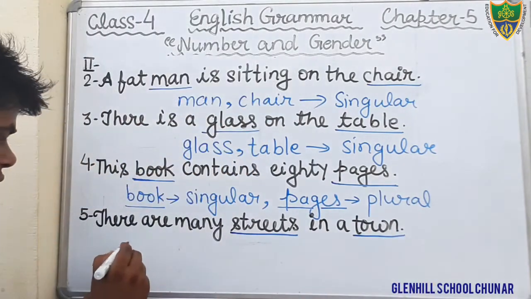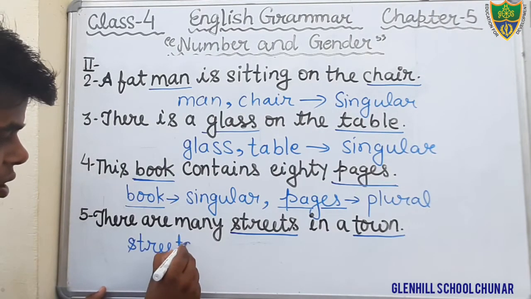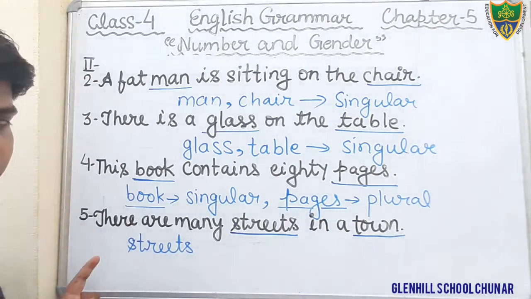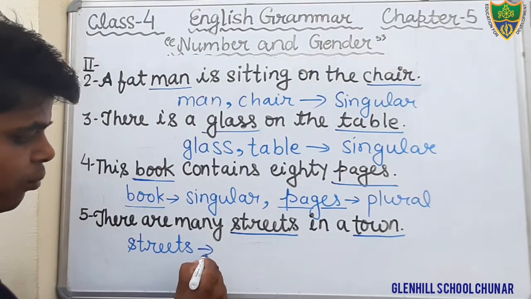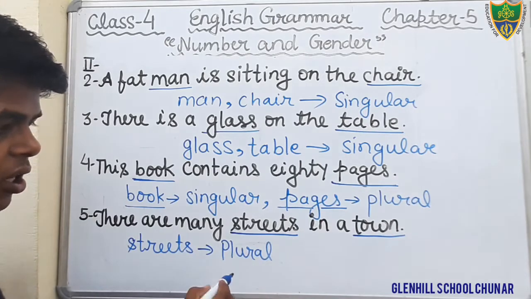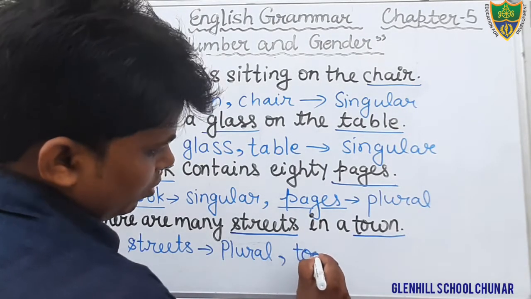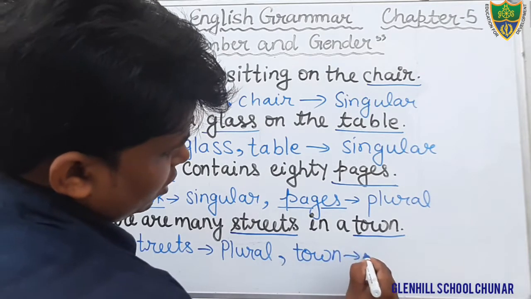Dear students, just see here. Streets. It denotes many streets. It is in plural. Therefore, that is plural number. Okay. Here, a town. It denotes a single town. Therefore, that is singular number.